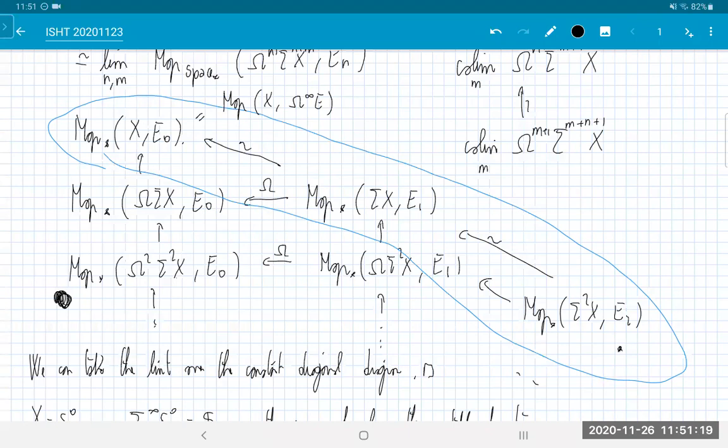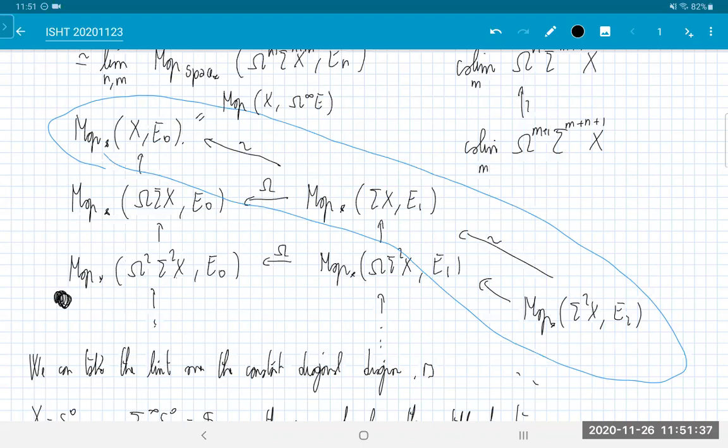This is like a cofinality, that's actually a coinitiality argument. Coinitiality, okay. That's just terminology, the idea is the same.